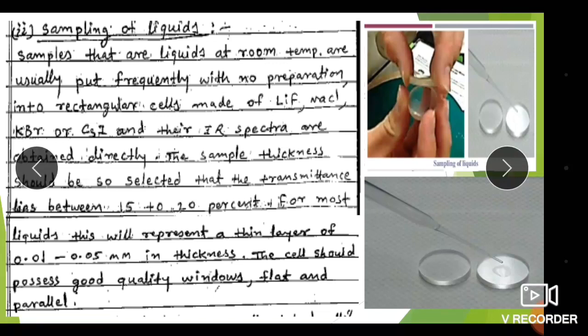This will represent a thin layer of 0.01 to 0.05 millimeter in thickness. The cell should possess good quality windows, flat and parallel. With such cells the sampling of liquid is done. Here a very thin layer of the sample is placed on the sample cell.